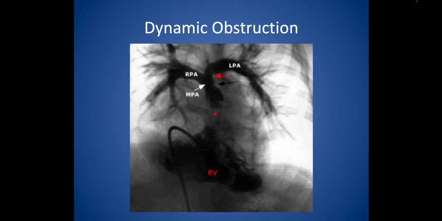You can see it at the level of the valve, which is where the black arrow is. You can also see stenosis by the red arrow at the bifurcation of the LPA and the MPA. And then more importantly, during systole, you actually have complete obstruction in that RVOT, which is the red asterisk. And this is really what's termed dynamic obstruction during systole.